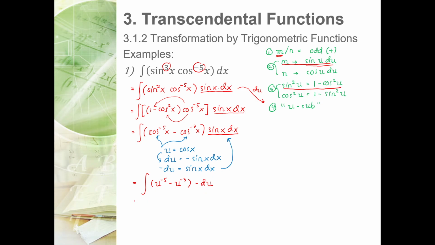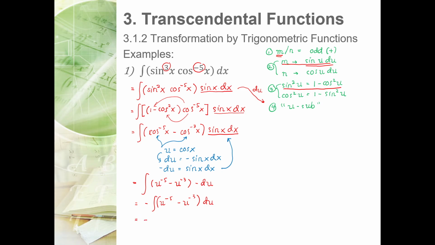Next, we can now distribute. Let's take the negative sign outside the equation first. So that's negative of u to the negative 5 minus u to the negative 3 du. So you can now integrate.